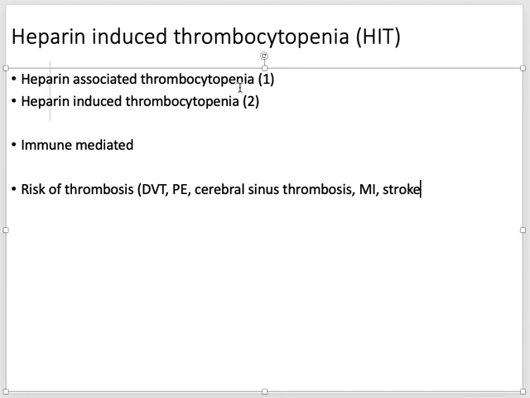All these things, of course, start due to hypercoagulation. So this is the important thing in these patients: they don't bleed, right? They go into hypercoagulation, immune mediated, because the antibodies, when they recognize heparin and platelet factor 4, activate the coagulation cascade. So there is increased risk of thrombosis.